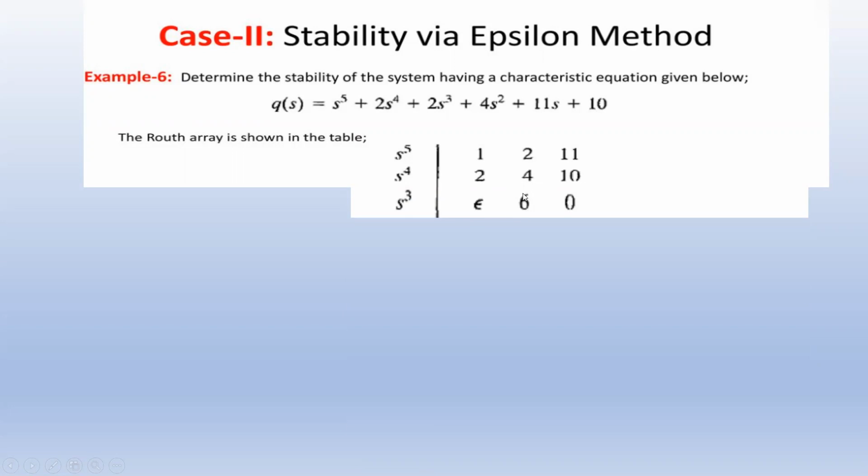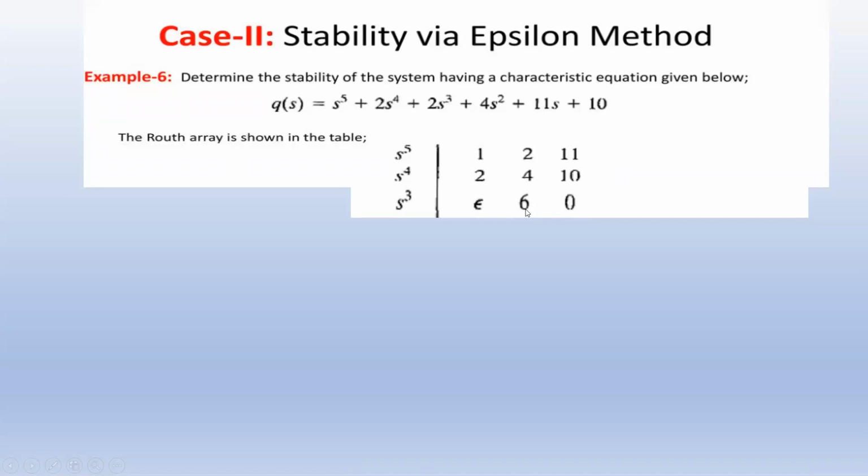Next, how do we calculate this 6? 2 into 11 will be 22, minus 10 into 1, so 22 minus 10 will be 12, and 12 by 2 will be 6 over here. We don't have any more coefficients over here, so we have 0.